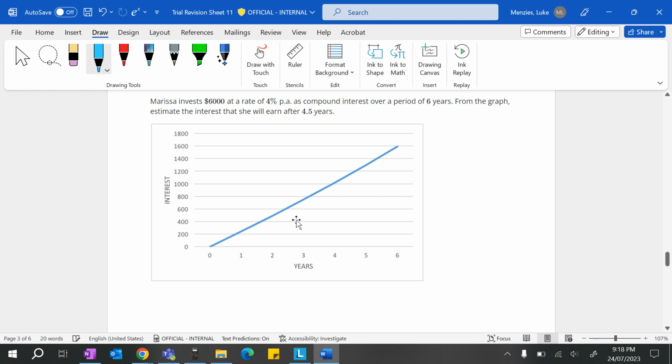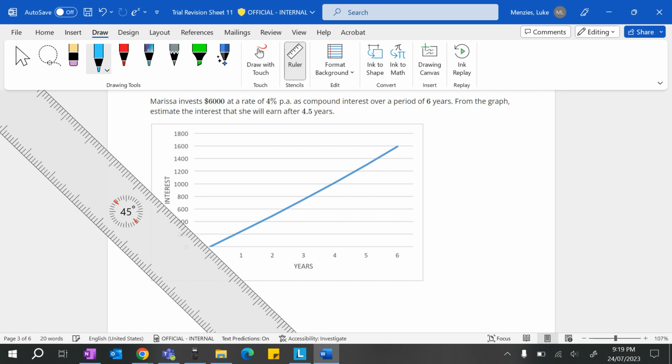But oh well. Marissa invests $6,000 at a rate of 4% per annum, compounding interest over 6 years. From the graph, estimate the interest that she'll earn after 4.5 years. Okay, so again, just from the graph, I thought it'd be easier to use the graph. In this way, you want to use a ruler.